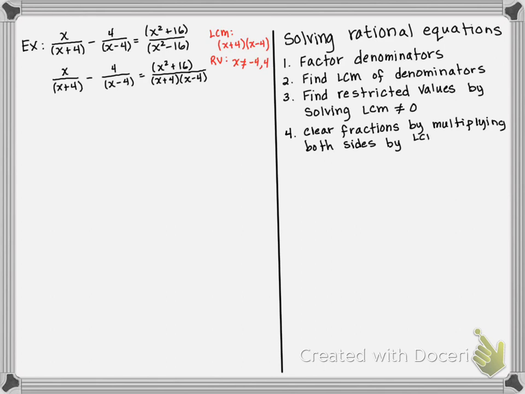And remember, it's over 1. So I'm going to try very hard to fit this in here. So we are multiplying every term by x plus 4 times x minus 4 over 1.